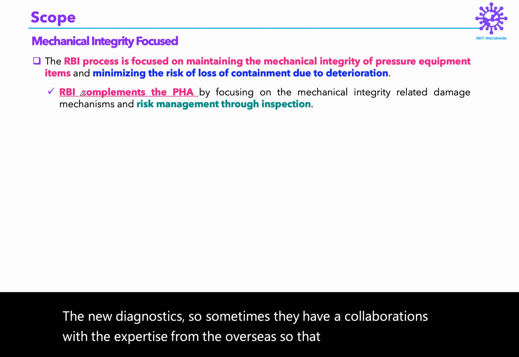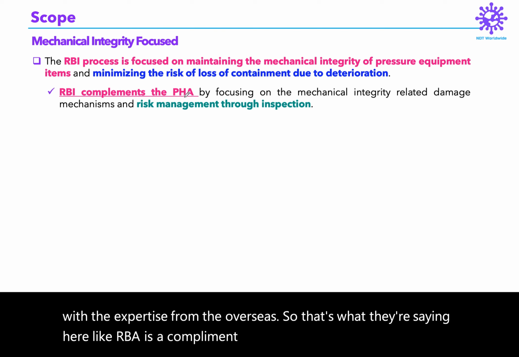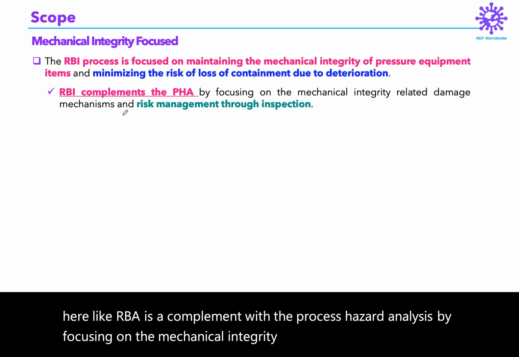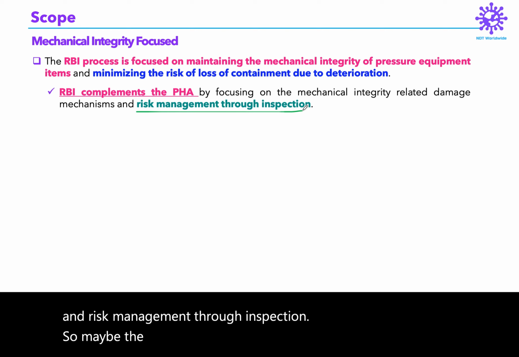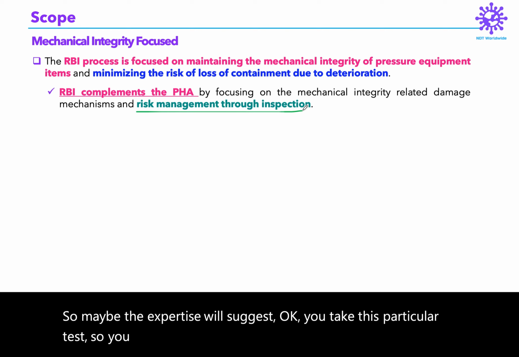So that's what they're saying here, like RBI complements the process hazard analysis by focusing on the mechanical integrity, related damage mechanisms and risk management through inspection. Sometimes the expert will suggest, okay, you take this particular test. So you send for some additional tests, get the data and analyze it.